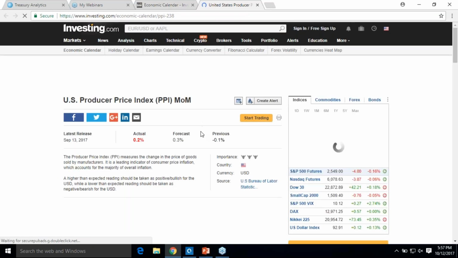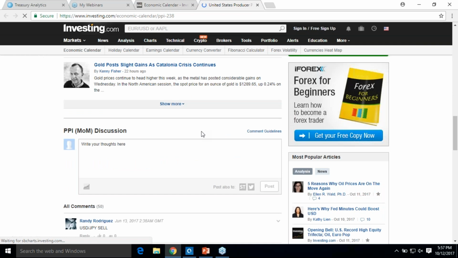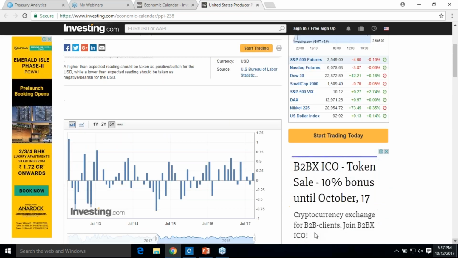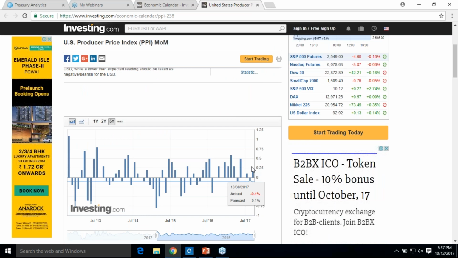And if we very quickly see the trend of this data, we can see that the data has been fairly positive. What this technically tells you is, if there is a basket of goods which is worth $100 in the previous month, what is the value of that basket of goods in this month?